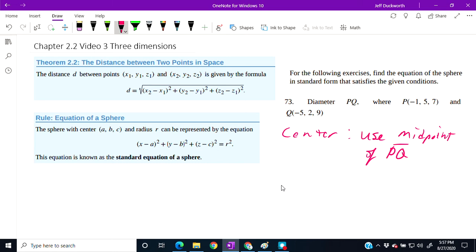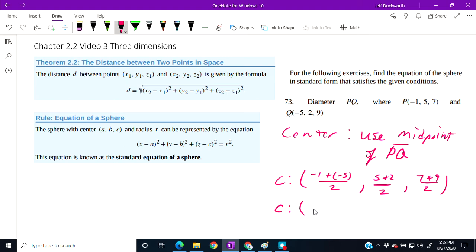All right, so to find the midpoint, we find the average of each of these two points, essentially. So we're looking at the first point, -1 plus -5 all over 2 is going to be our x component. 5 plus 2 over 2 will be our y, and 7 plus 9 over 2 will be our z component.